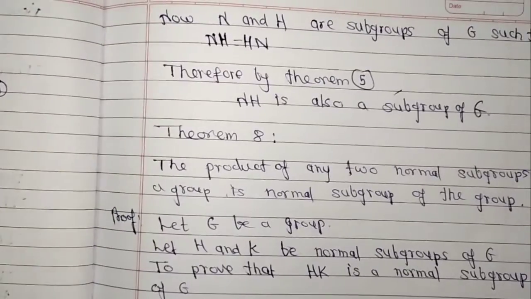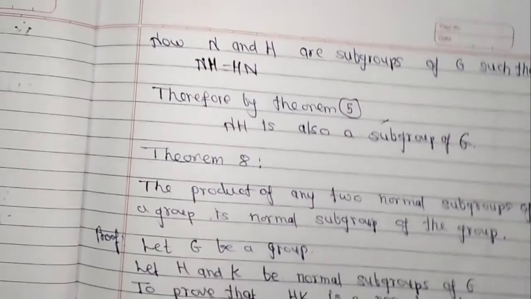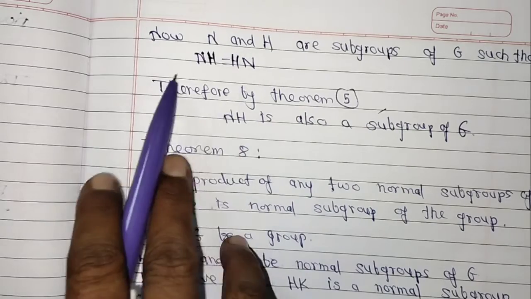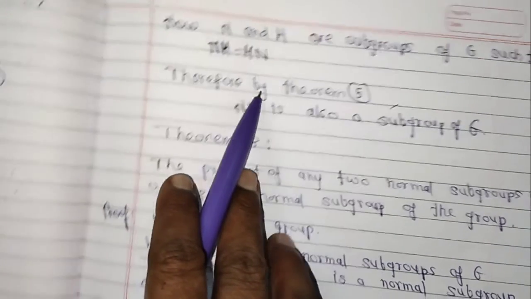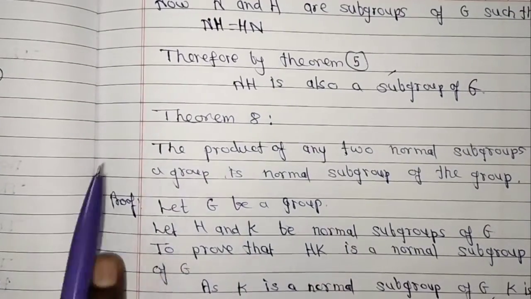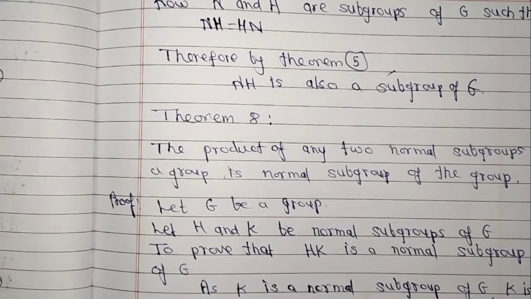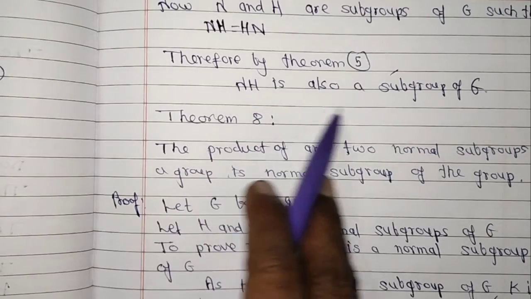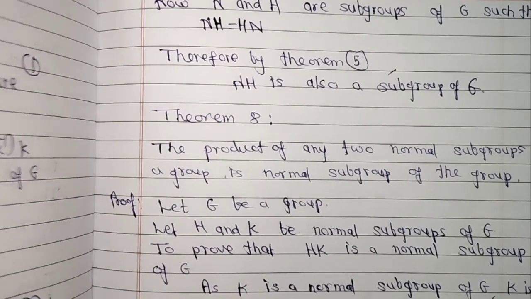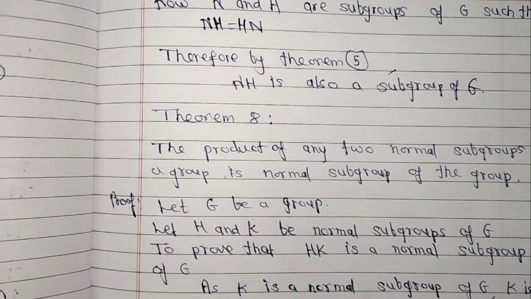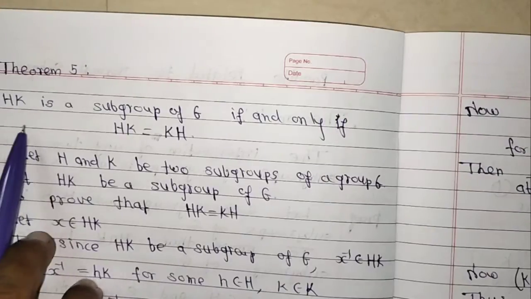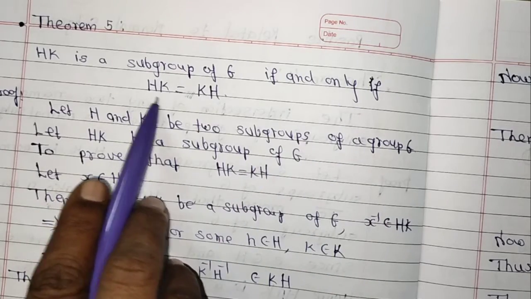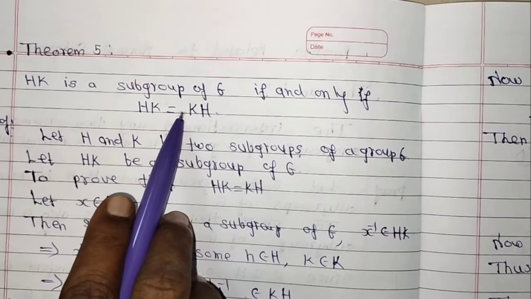Now, N and H are subgroups of group G such that NH equals HN. Therefore, by theorem 5, NH is also a subgroup of group G. Theorem 5 is: HK is a subgroup of G if and only if HK equals KH.